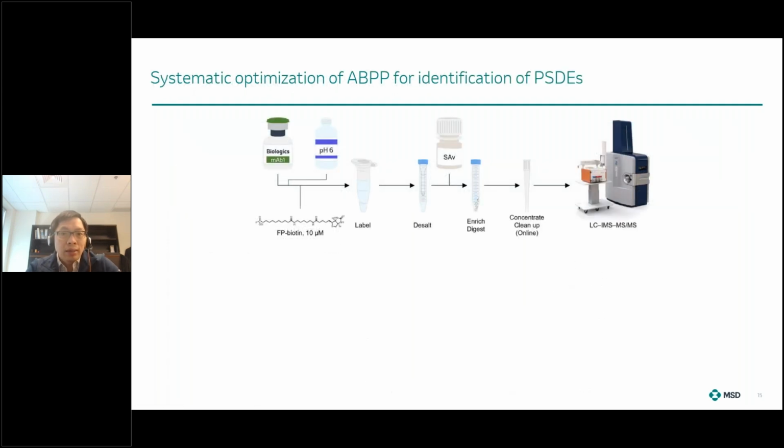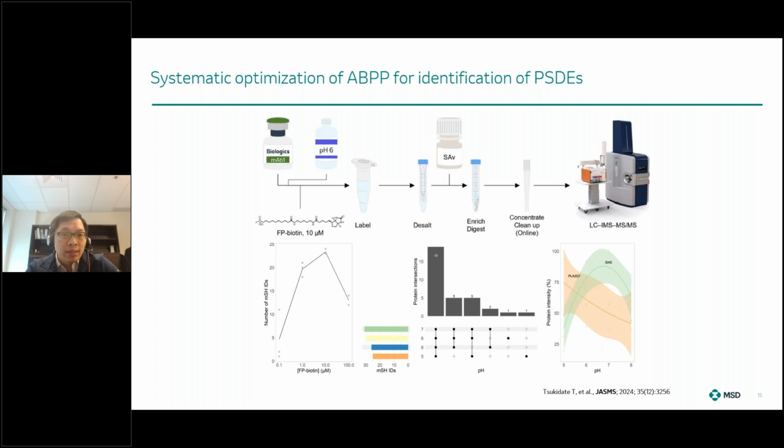With the initial workflow, we still sometimes faced challenges identifying low abundance enzymes. So Taku, leveraging the Evosep system, did a systematic optimization of the ABPP to identify which steps could further increase its sensitivity.